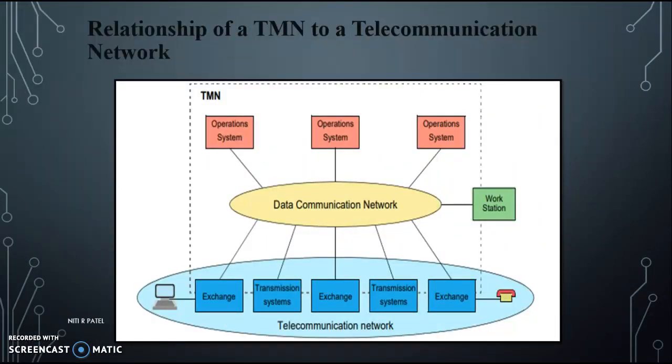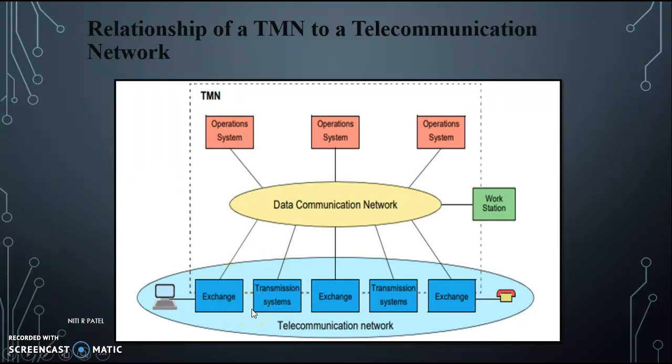Now, let us see the relationship of TMN to a telecommunication network shown in the diagram below. According to the figure, the interface points between TMN and telecommunication networks are formed by the exchanges and the transmission systems.